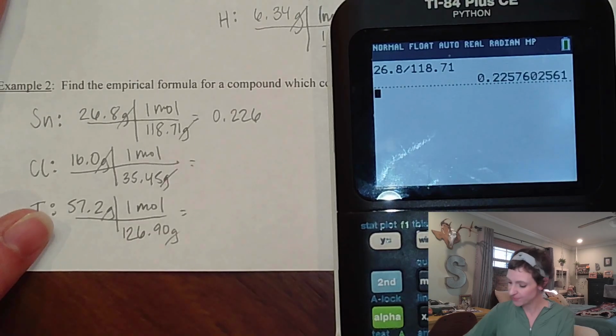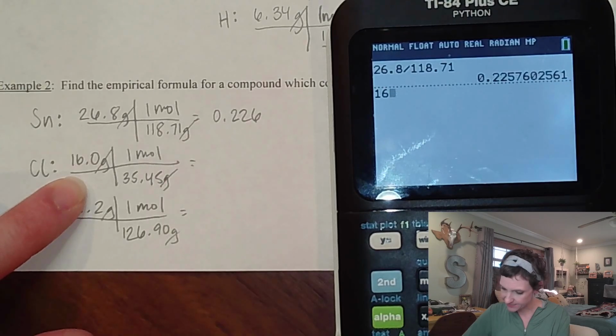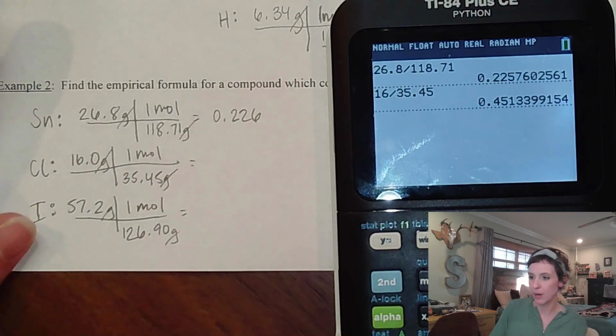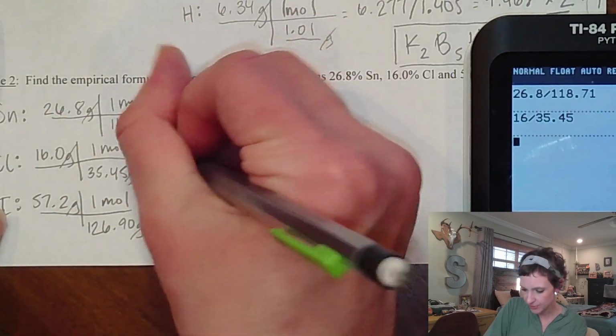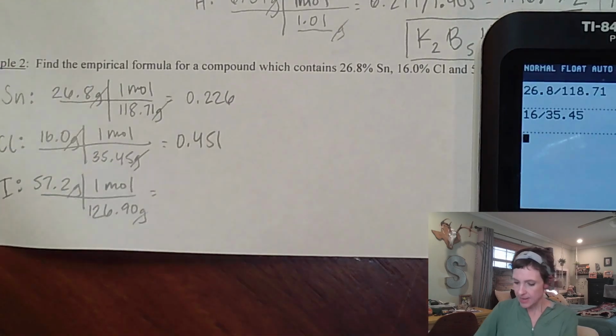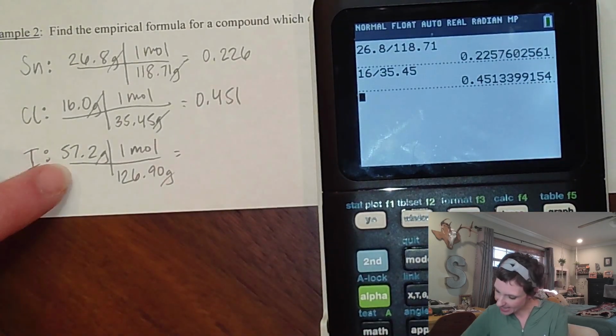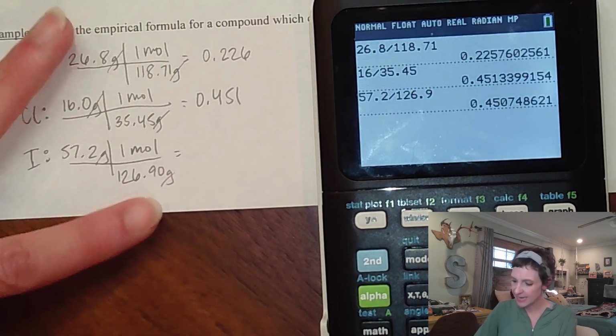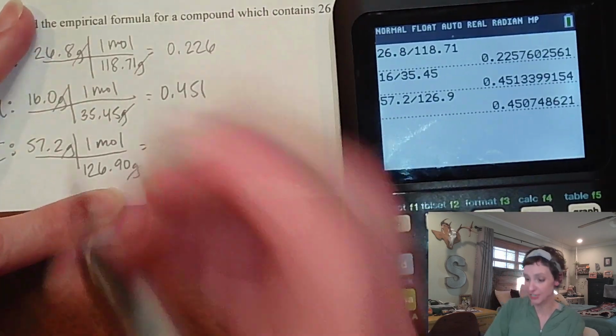Now we're going to be doing it for the chlorine. So I'm going to have 16 divided by 35.45. That value is 0.451-ish. And then finally, iodine, I have 57.2 divided by 126.9, and I get 0.451-ish also.